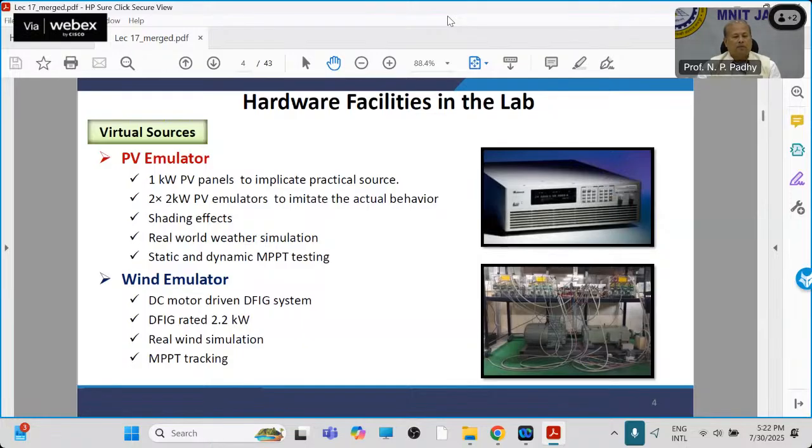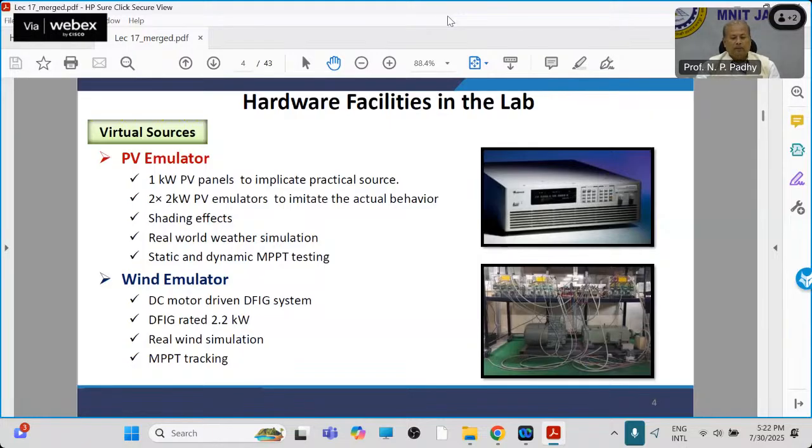So we have 5 kilowatt of PV, 1 kilowatt which is real, and 4 kilowatt coming through the emulator. We have included shading effects, real world weather simulation, and static and dynamic MPPT, all inbuilt in that emulator. So this is a good quality emulator, and probably you all can also get an emulator which has these features.